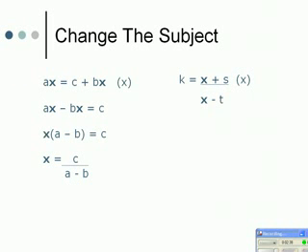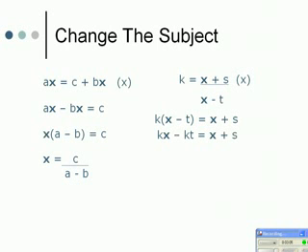So k equals x plus s, all divided by x minus t. And again I'm after x being the subject of my formula. So what I've got to do is remove the x minus t from underneath. So I know that k lots of x minus t will equal x plus s.